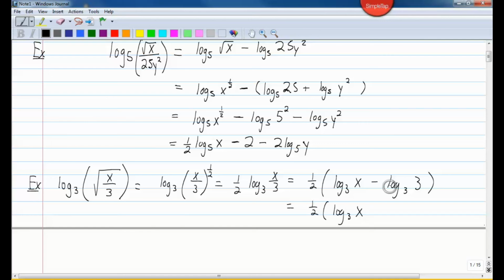And then what's log base 3 of 3? What's the power? So it's just minus 1. Alright, and so I have 1/2 log base 3 of x minus 1/2.